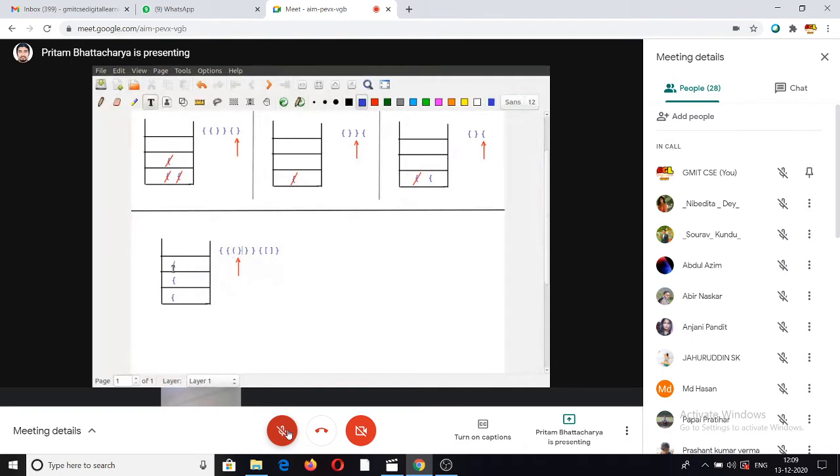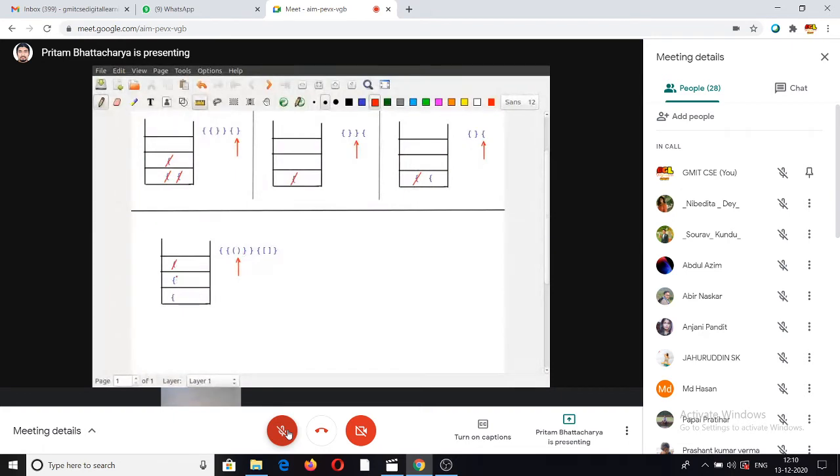Here it matches, and it's again the same idea. We just pop this from the stack.